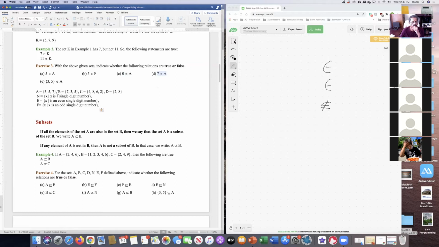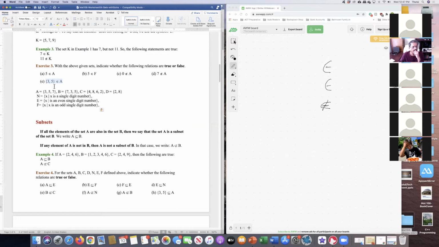False. The set {3, 5} belongs to A. You would tend to say true, but it's not, because 3 belongs to A is true, 5 belongs to A is true, but {3, 5} with the curly bracket is a set. A set cannot belong to the set A. The notation matters.